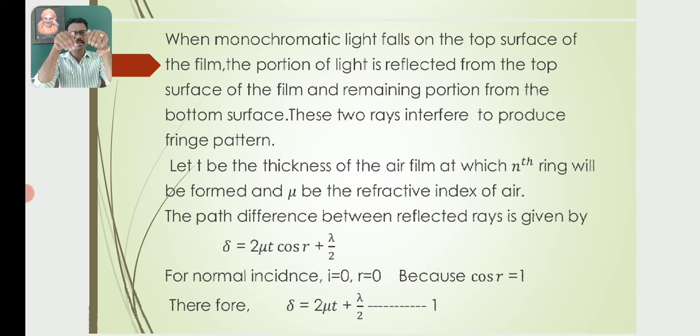Because the rays of light are incident normal to the surface, the angle of incidence i is 0, so r is 0 and cos r is equal to 1. Therefore, delta is equal to 2 mu t plus lambda by 2. Let this be equation number 1.